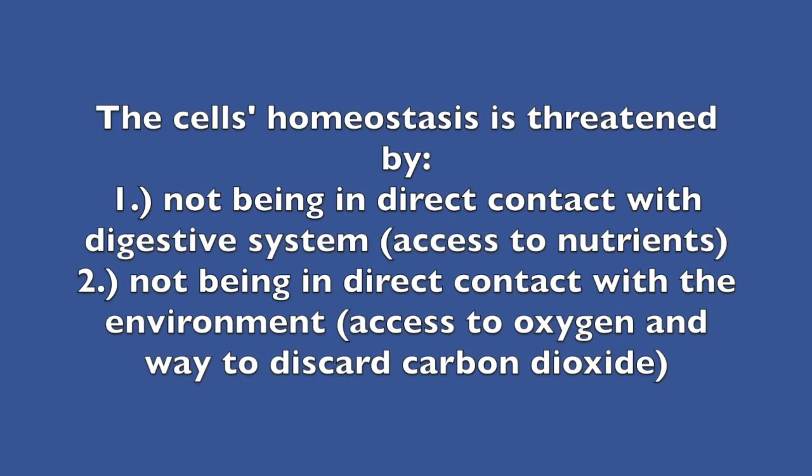The problem with the majority of cells in our body is that they are not in direct contact with the digestive system, which is in charge of supplying nutrients to the cell, nor with the outside world, which is in charge of getting oxygen into the cells, or capable of taking carbon dioxide away from our body.